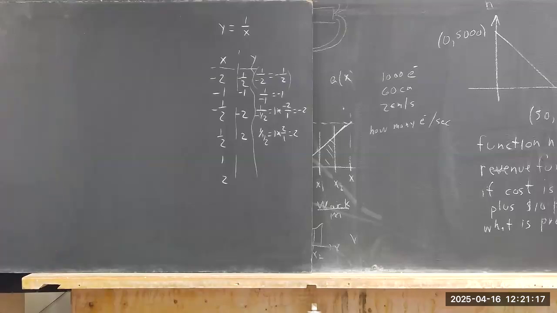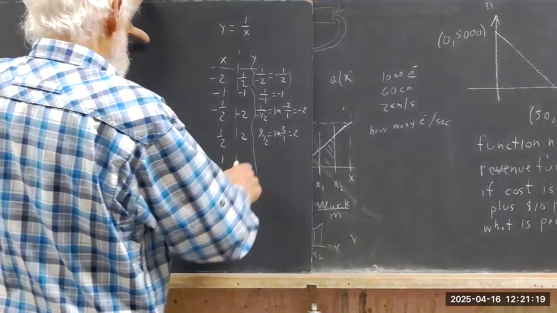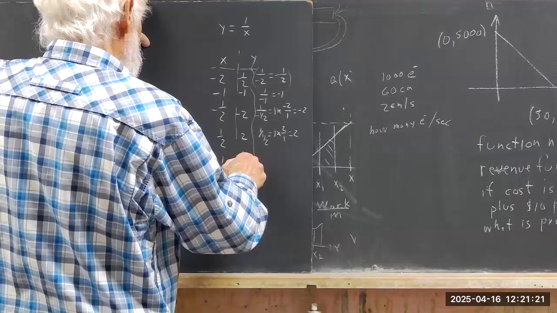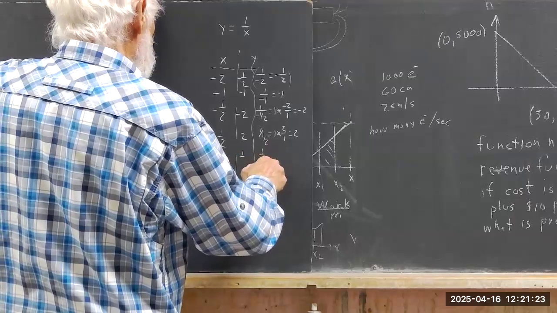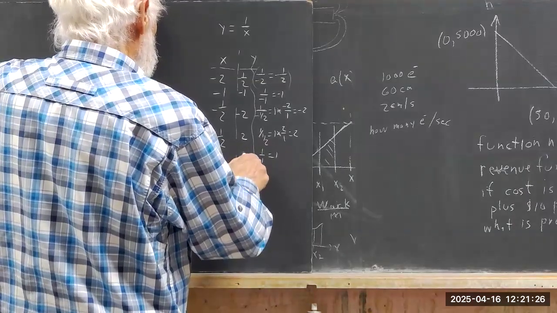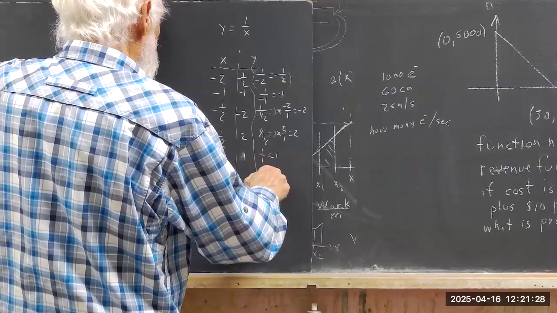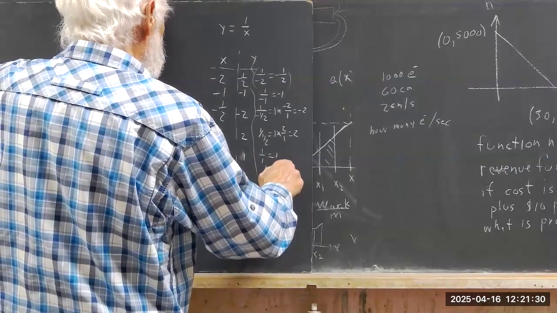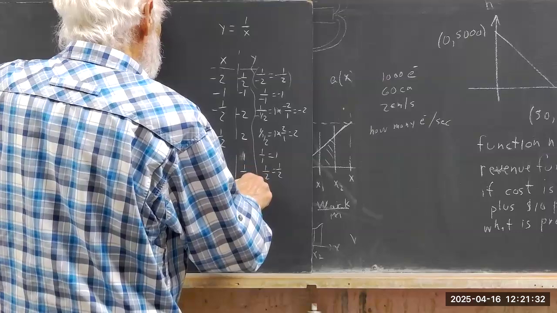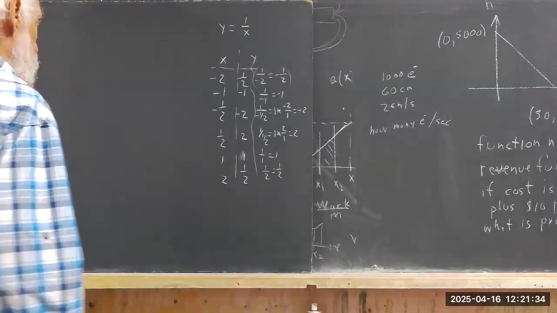Okay. Then 1/1 equals 1. So here you get 1. And 1/2 is 1/2. There's our table.